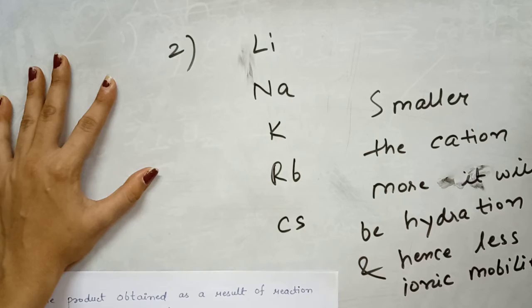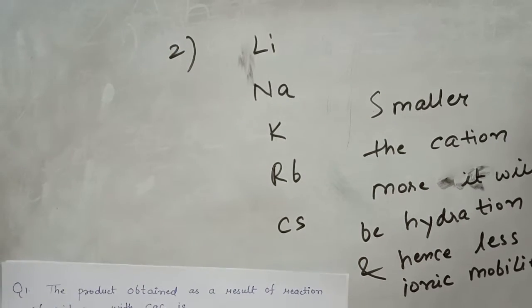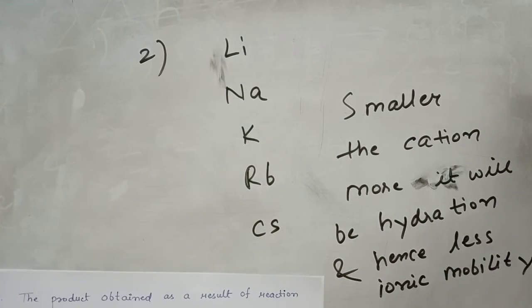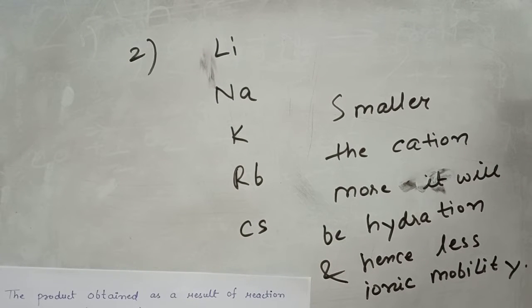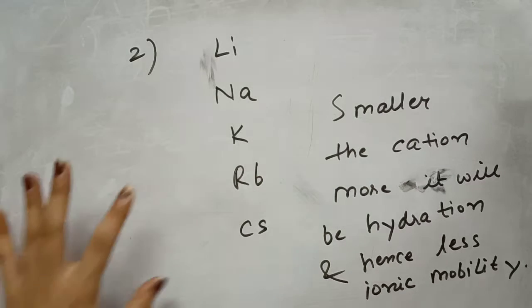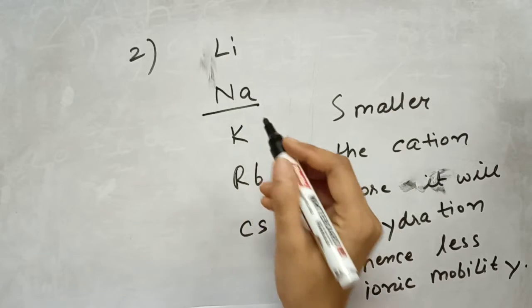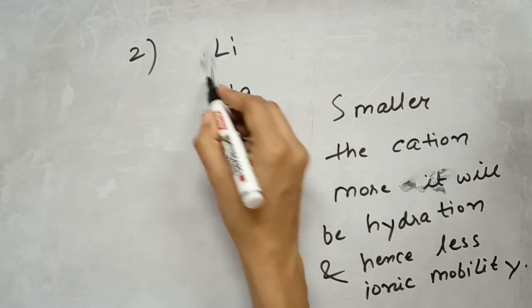Right. So obviously, among the list of alkali metals given, you have to first predict which one has the smallest size. That will be most hydrated, the one most surrounded by water molecules, and hence the ionic mobility will be the least. Given are sodium, potassium, rubidium and lithium.